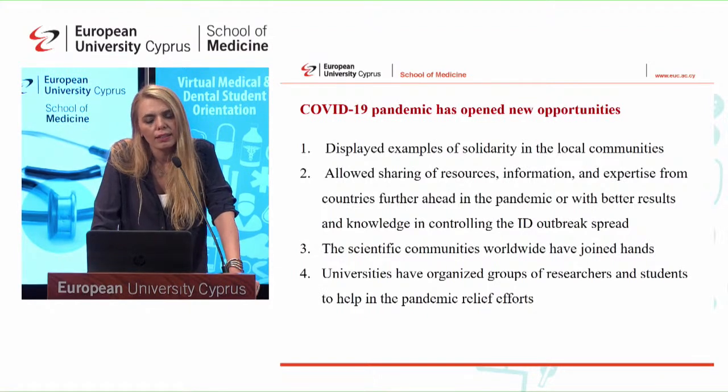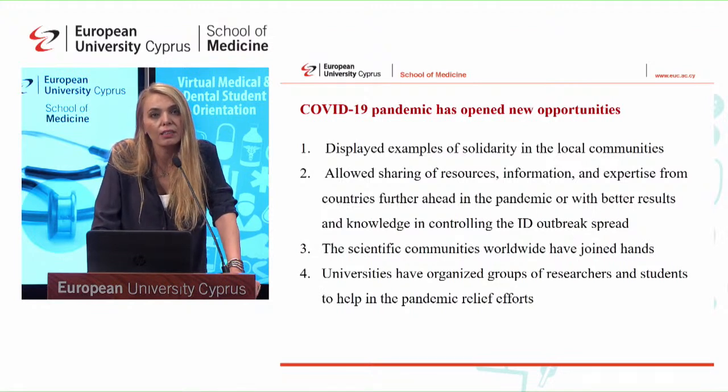The pandemic led to joint forces among the scientific communities. And at last, universities have played also a role with medical students. They offered help in any way with relief efforts. Any kind of help is needed during a crisis, during a pandemic. This is unique and this is positive and happened during the pandemic.